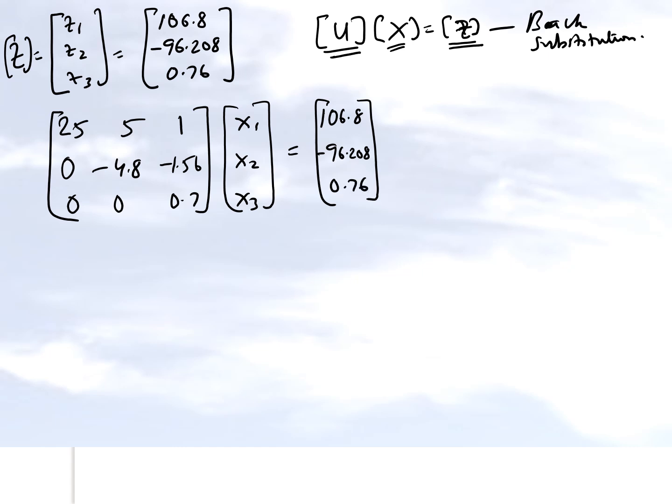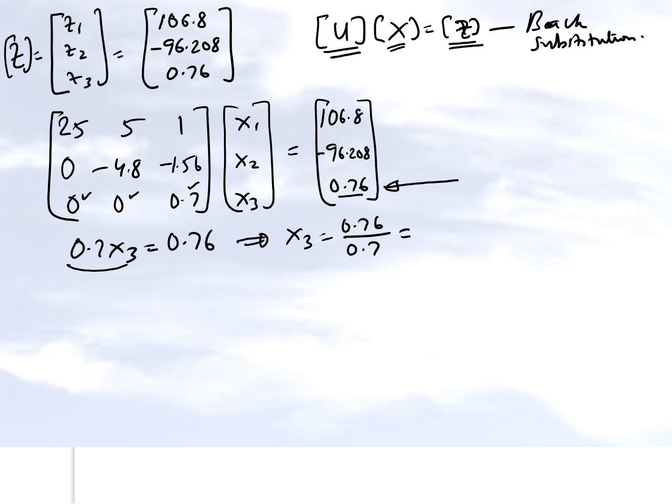In the back substitution, we start with the last equation first. That gives us 0.7 x3 is equal to 0.76, because it'll be 0 times x1 plus 0 times x2 plus 0.7 x3, equal to this quantity. And that gives us x3 is equal to 0.76 divided by 0.7, and we get 1.0857.